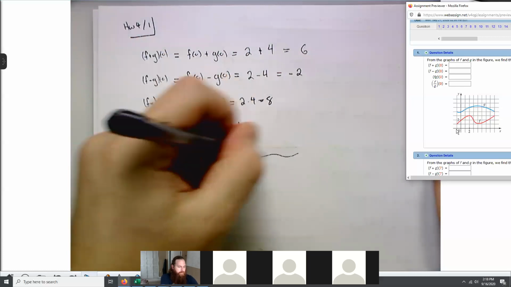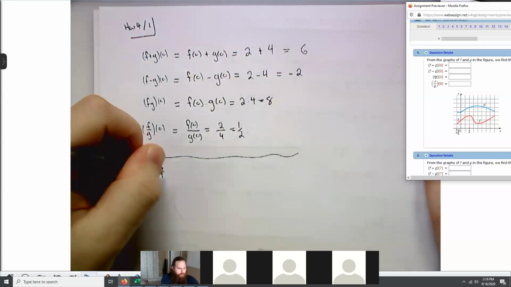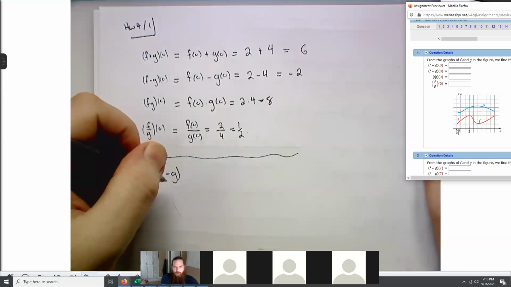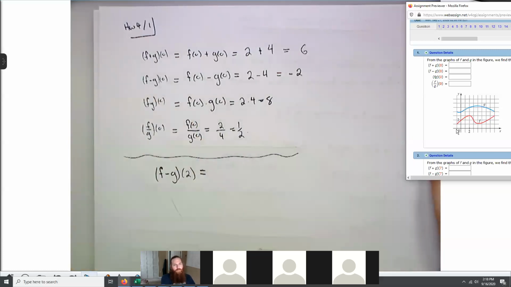While we're here, and because the next few questions are very similar, could anybody tell me what f minus g of 2 is? So same graph. It's 3 minus 5. Good.